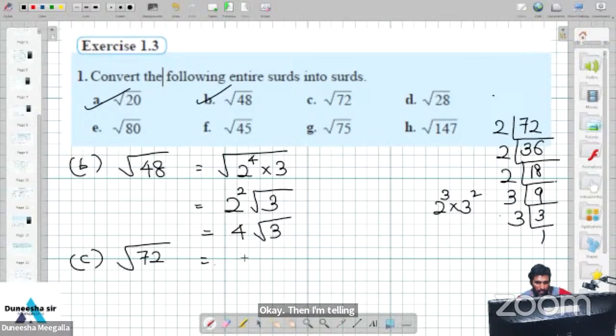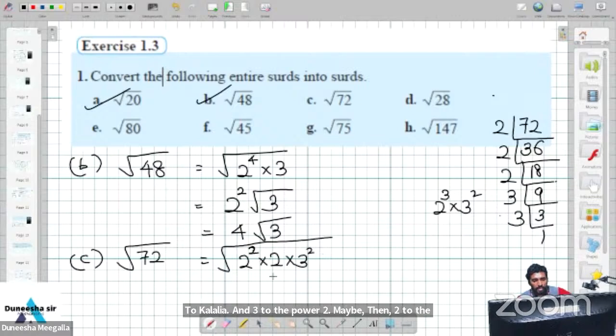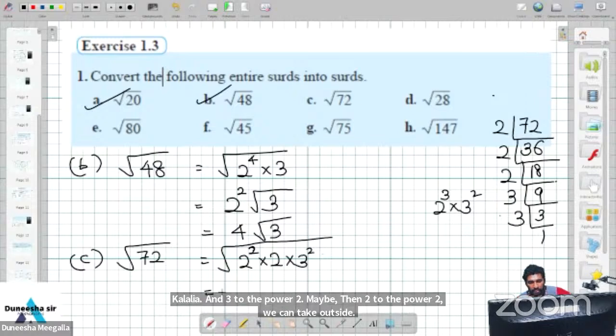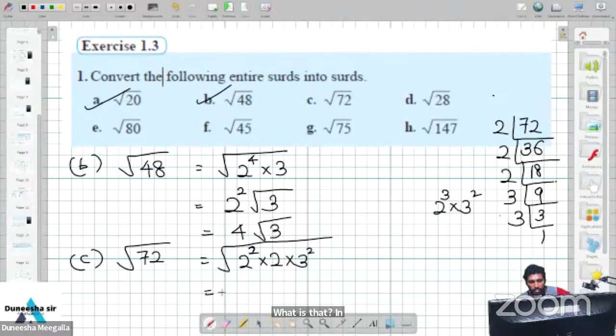Then 2 to the power 3 we write as 2 to the power 2 and 2, and 3 to the power 2. Then 2 to the power 2 we can take outside. Divide the index by 2: 2 to the power 1.